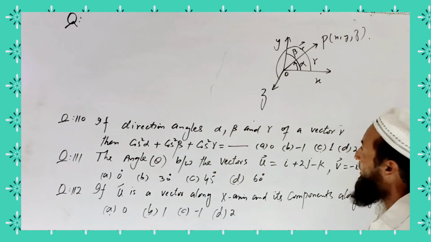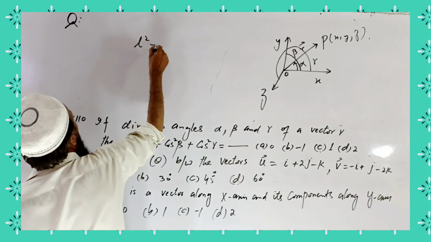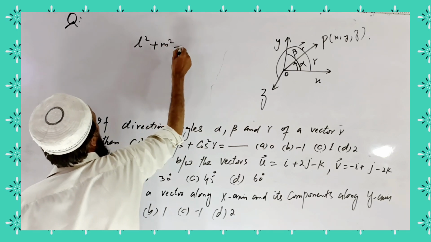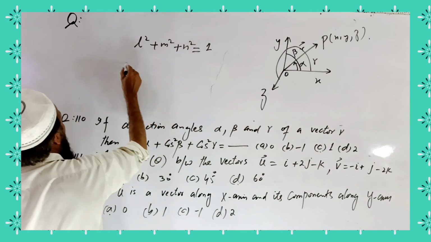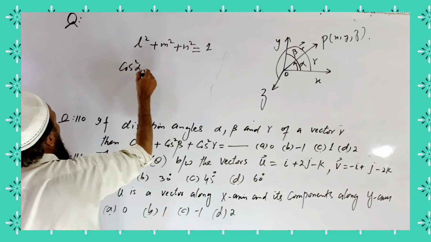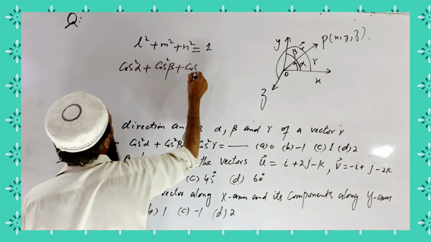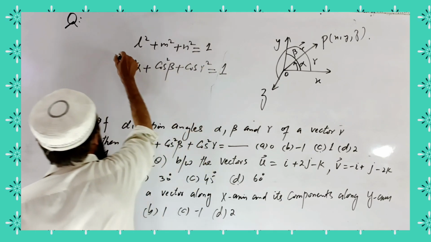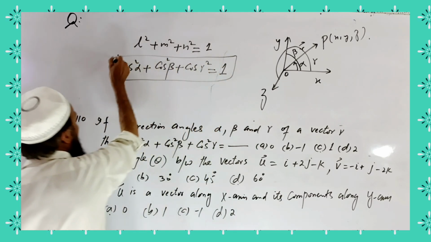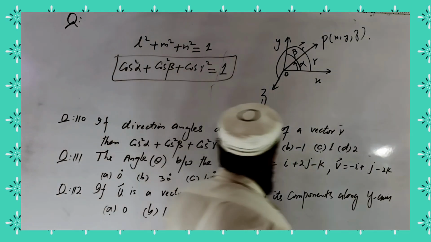So if we are finding the result, we know that according to the vector, l square plus m square plus n square is equal to 1, and here l represents cos alpha, so cos alpha square plus cos beta square plus cos gamma square is equal to 1. Here the correct option is that one. Now check the option, where is the answer? And here C is the correct option.